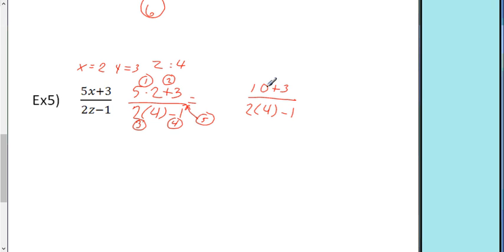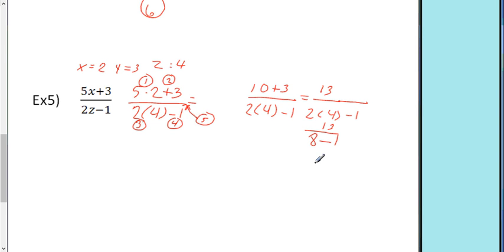Then I do my second step. 10 plus 3 is 13 over 2 parentheses 4 minus 1, and that fraction bar should be over the whole thing. That's step 2. Go to step 3, which is multiply. 2 times 4 is 8. 8 minus 1 over 13.